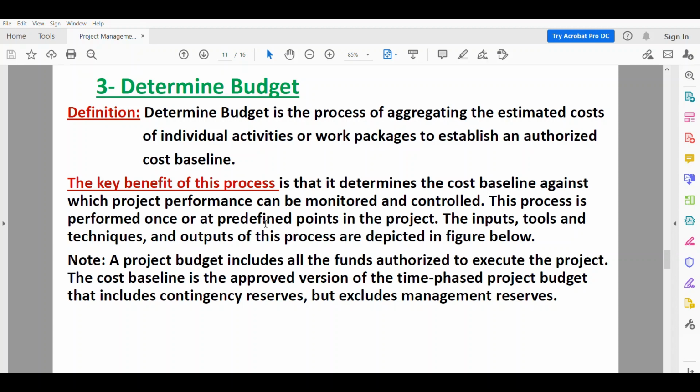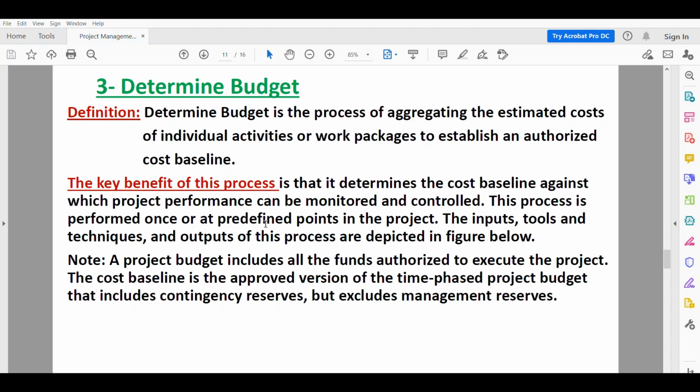Then we add all these estimates to give us the authorized budget or the authorized cost baseline. And this cost baseline will be used as a basis to monitor the expenditure during the project execution. The key benefit of this process is that it determines the cost baseline against which project performance can be monitored and controlled.